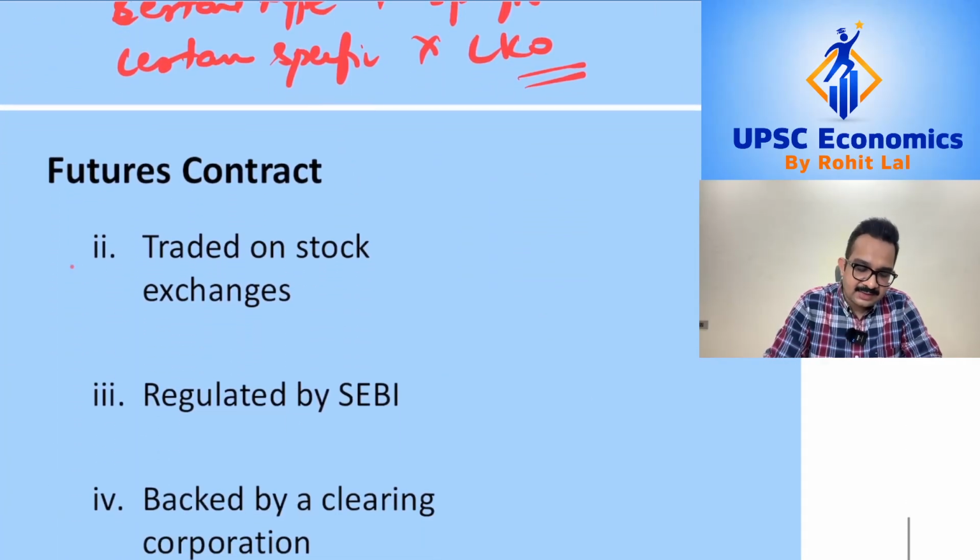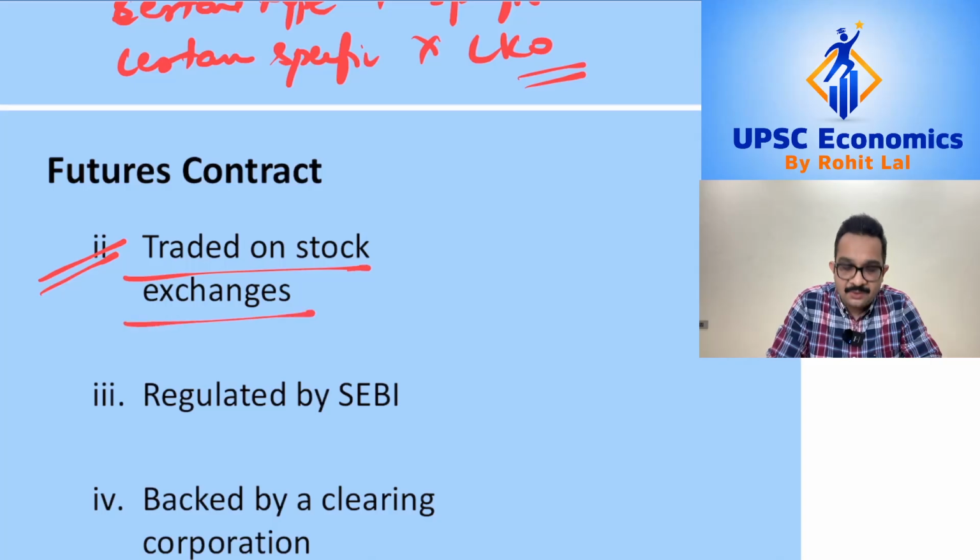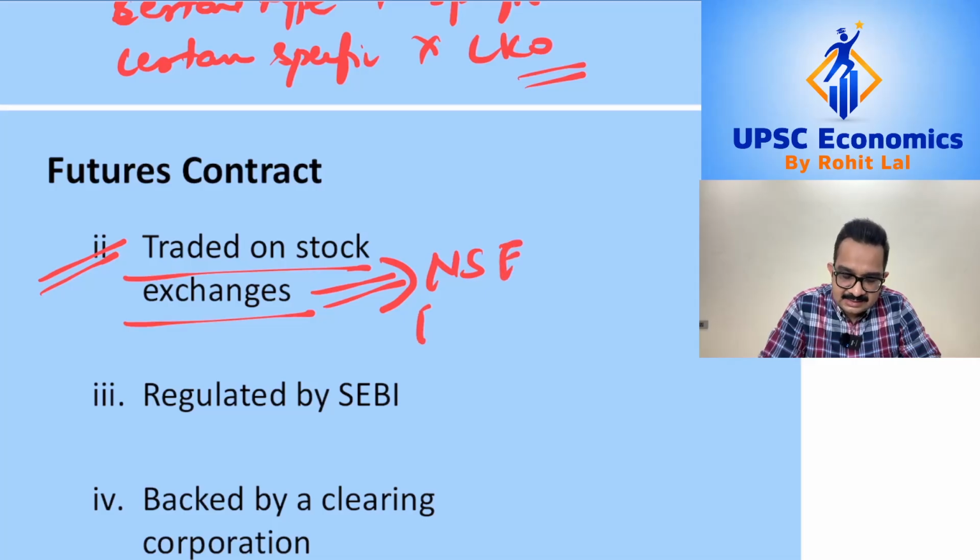So because these contracts are traded on the stock exchange, these are standardized contracts. These contracts are traded on stock exchanges such as the National Stock Exchange or the Bombay Stock Exchange.